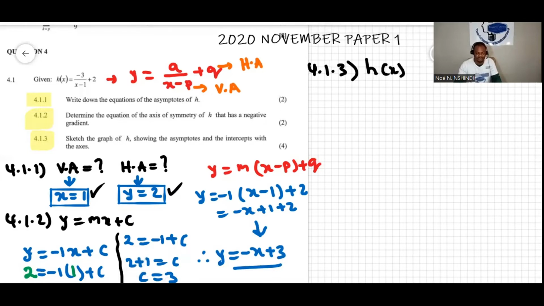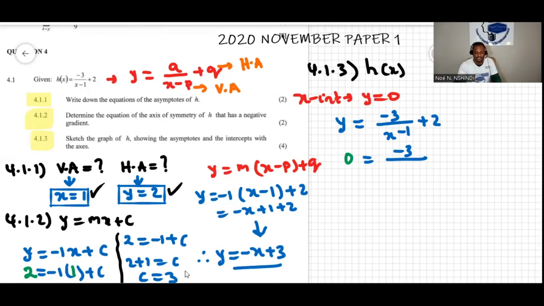To find the x-intercept, it simply means make y equal to 0. So we have y equal to -3 over x minus 1 plus 2. We make y equal to 0, and then this will be 0 equal to -3 over x minus 1 plus 2.